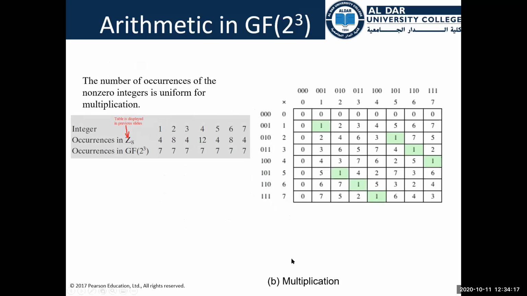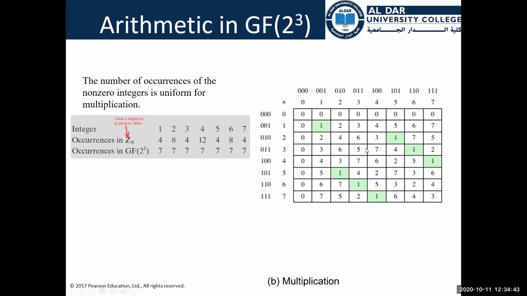But here, in 2 to the power 3, we have a multiplicative inverse. He is also saying that these numbers are the number of occurrences in Z8, which means it is not regular. But in GF of 2 to the power 3, it is regular.